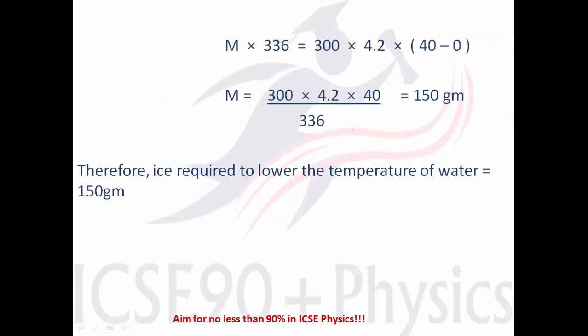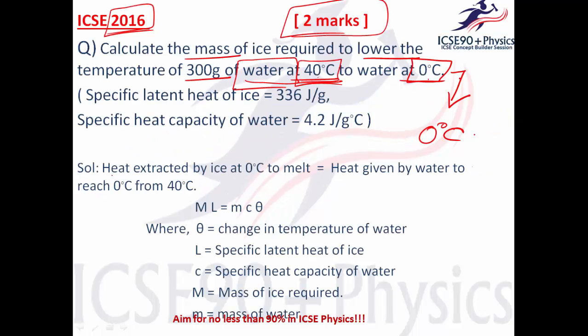So let us club our given data. So we can say heat extracted by ice at 0 degrees Celsius to simply melt is equal to heat given by the water to reach 0 degrees Celsius from 40 degrees Celsius, right?